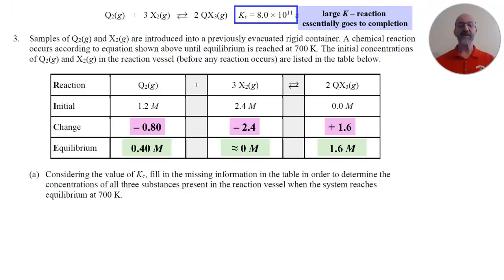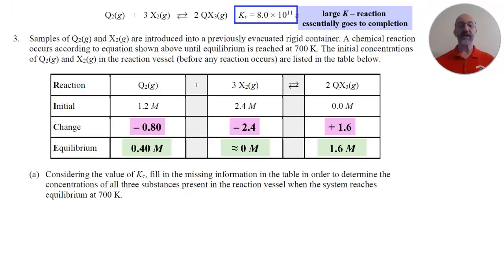Fill in the missing information in the table in order to determine the concentrations of all three substances present in the reaction vessel when the system reaches equilibrium at 700 Kelvin. So that would be, at equilibrium, the concentration of Q2 is 0.40 molar. The concentration of QX3 is 1.6 molar, and the concentration of X2 at equilibrium is a very small number, so approximately 0.